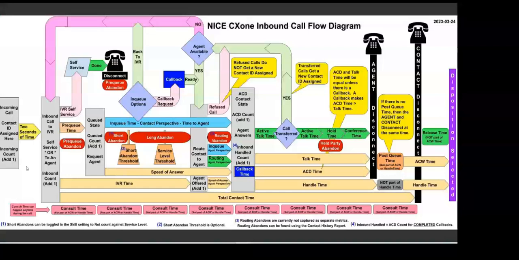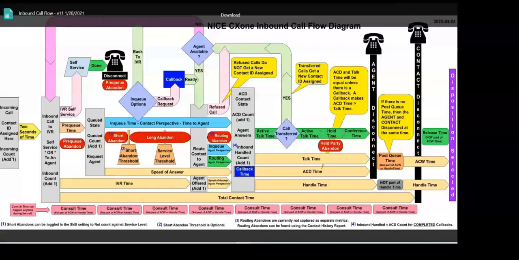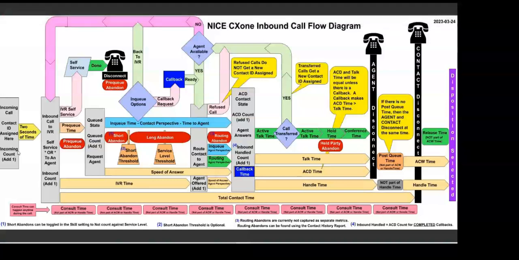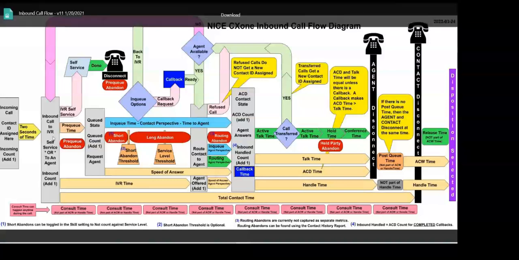The incoming call hits our platform, it increments the incoming count. If it stays alive for 2 seconds, in other words, it wasn't a wrong number, then it becomes an inbound call, and it increments the inbound call count. And then the rest of it you can kind of read. There's a pre-queue time.